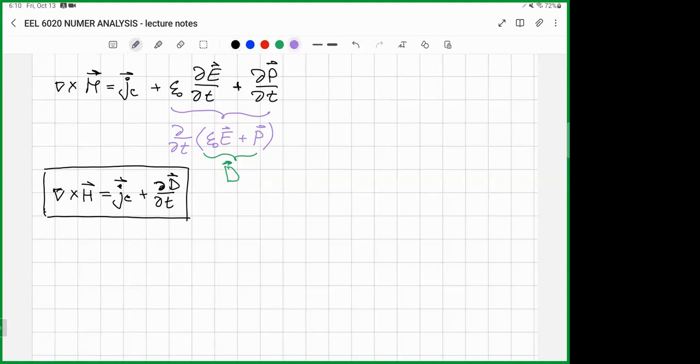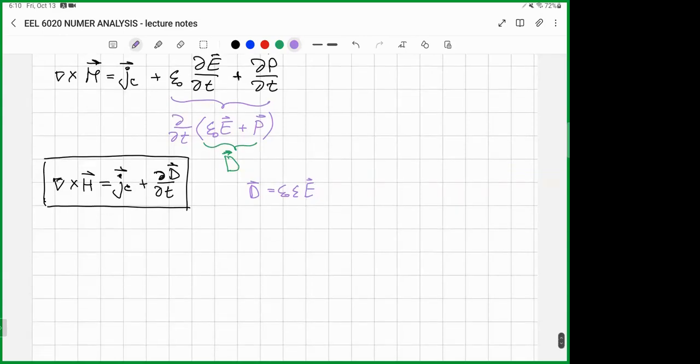Yeah, and since vector D is equal to epsilon 0 epsilon E, right, in free space, this is exactly the same equation that we used in free space. And now everything that changed is just that we replaced epsilon 0 by epsilon 0 epsilon.